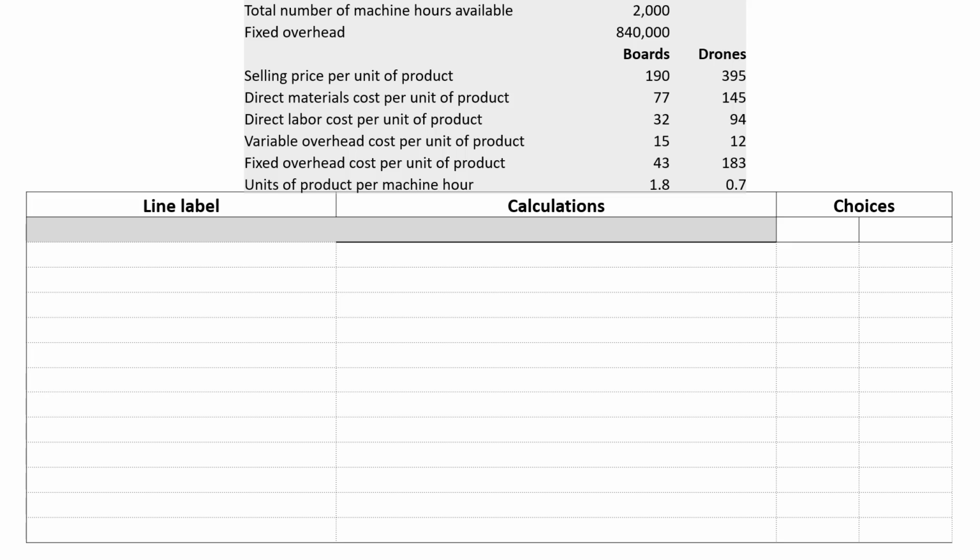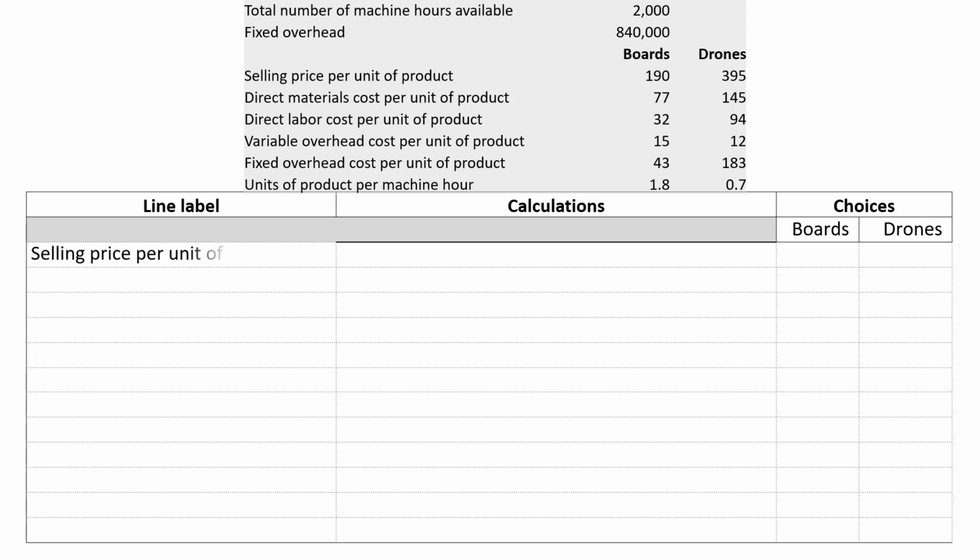As always, the way you document your calculations might be different, and that's okay as long as your results are the same as ours. We'll start by identifying the two products that are in question, boards and drones. Our first task is to calculate the contribution margin per unit of product for boards and for drones.